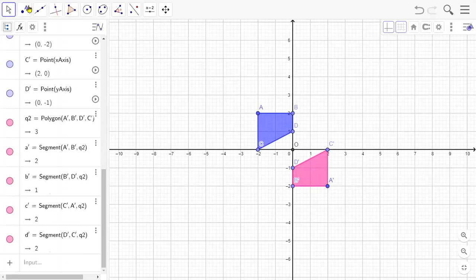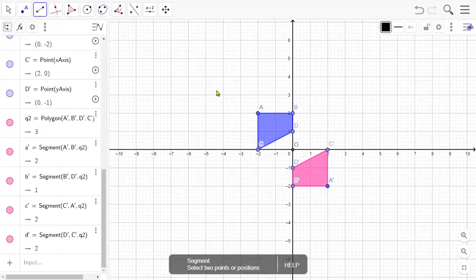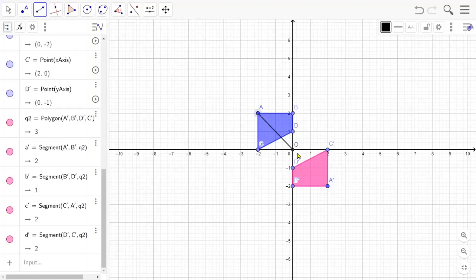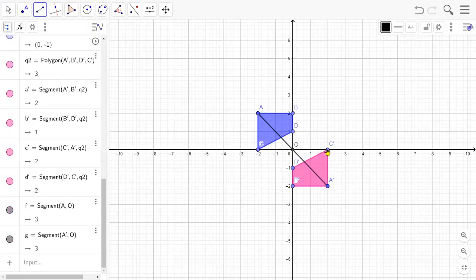The next step is connecting. In the rotation, we have to connect this A to the O, the center. A dash to the O, like this. My dear students, in 180 degree rotation, the points will be exactly on the straight line.